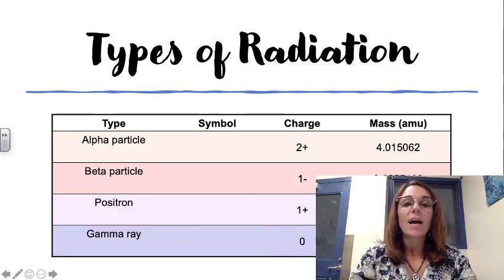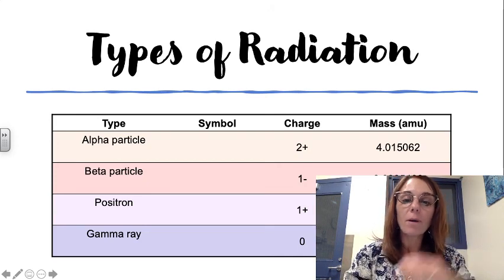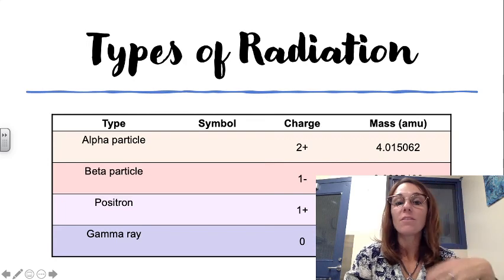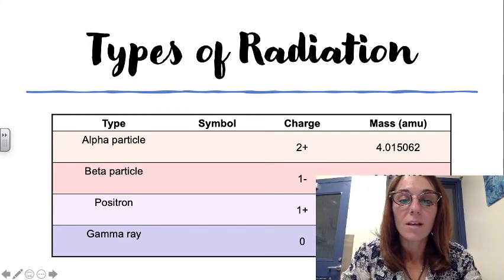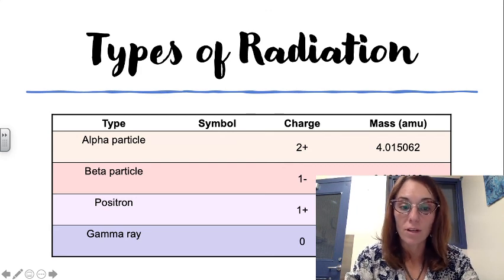Before we get into the actual reactions, we're going to take a look at different types of radioactive particles. Alpha particles are ones that you are slightly familiar with already because we have seen this in Rutherford's experiment, and we also just saw it in the last lesson about neutrons. Alpha particles have a positive charge.